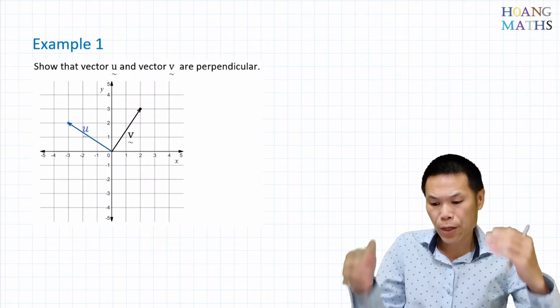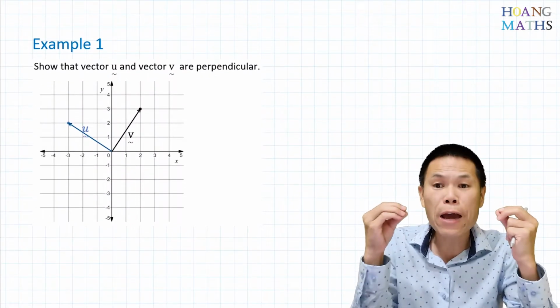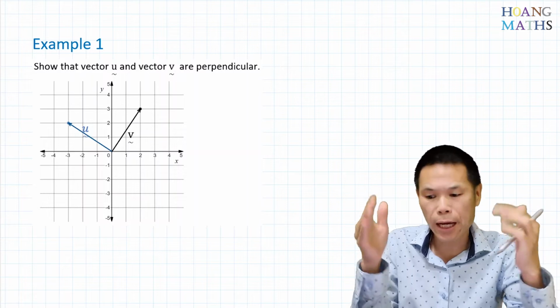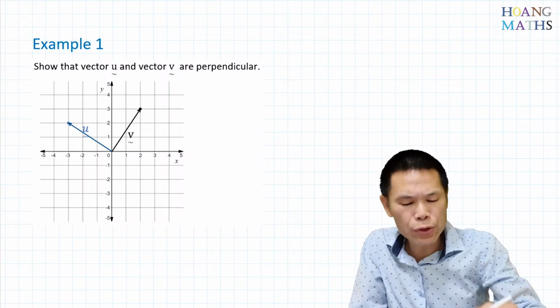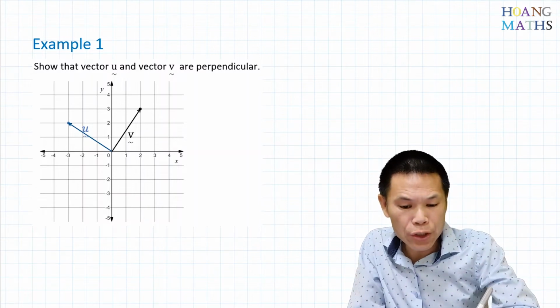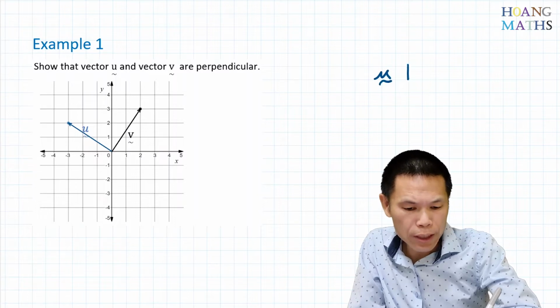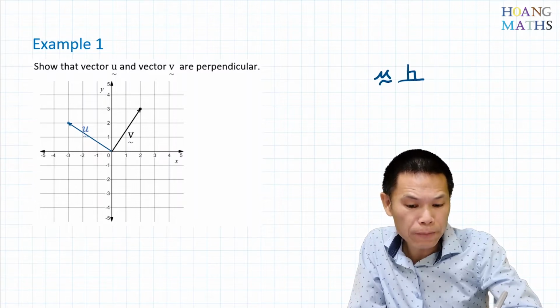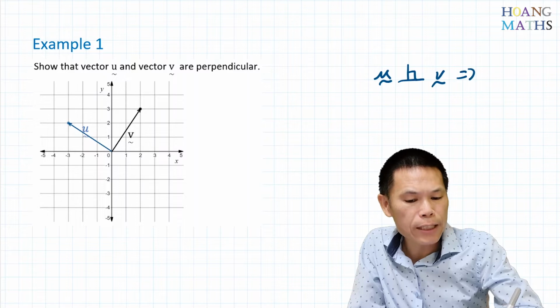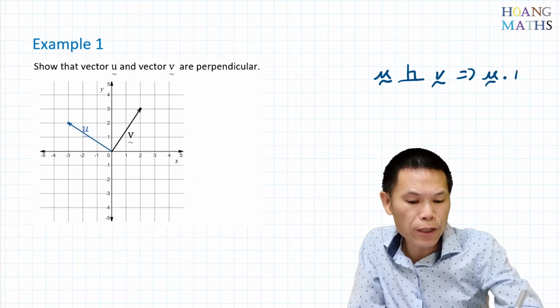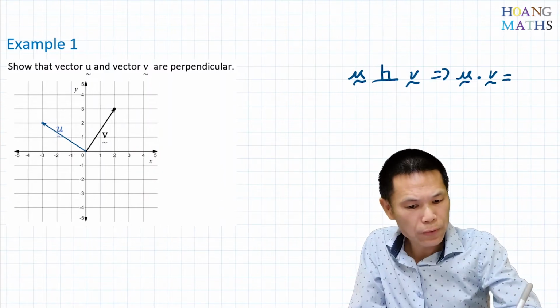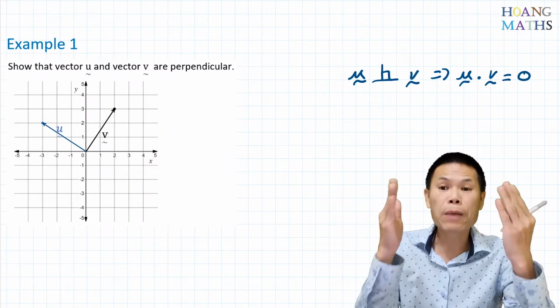For example, show that vector u and vector v are perpendicular. First of all, we need to know that if vector u is perpendicular to vector v, this means that u dot v must be equal to 0. So keep that in mind.